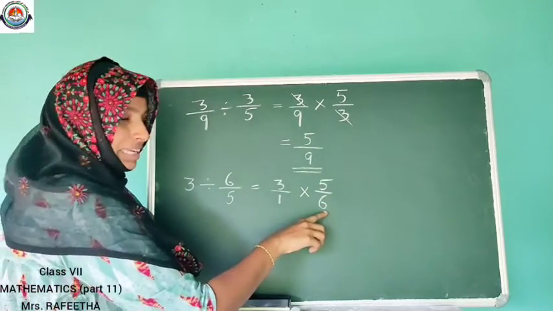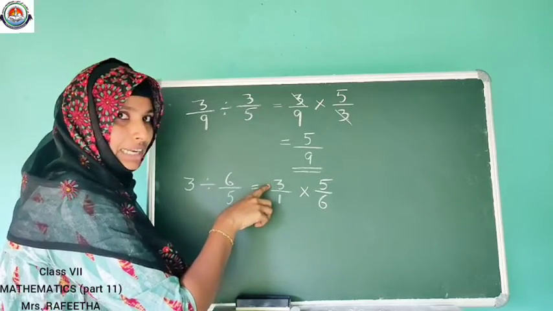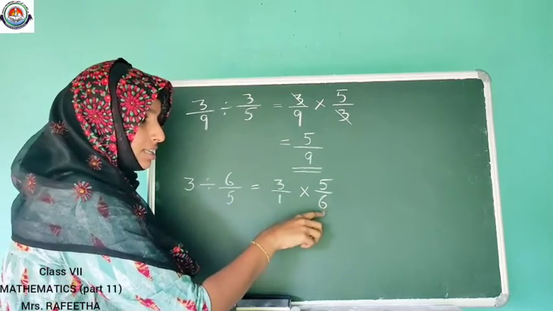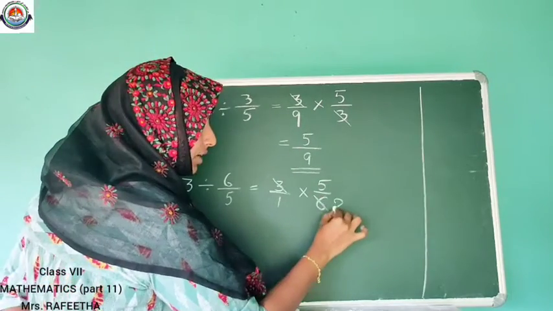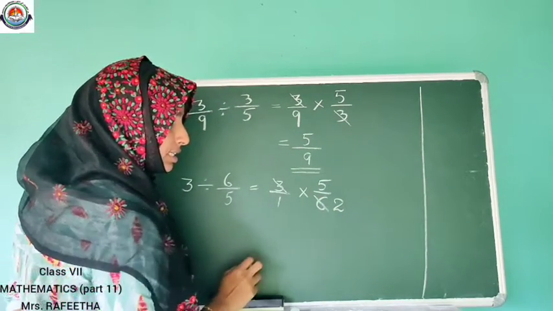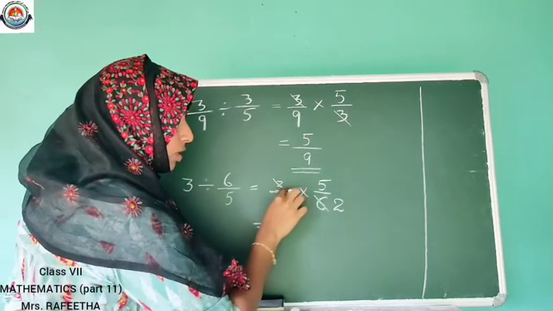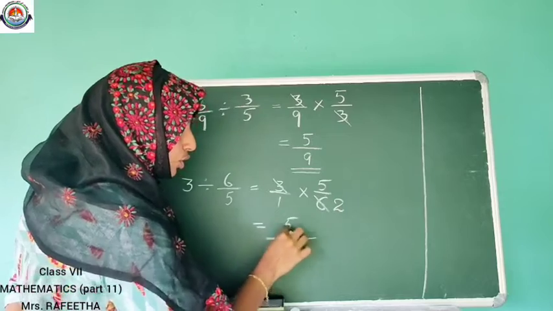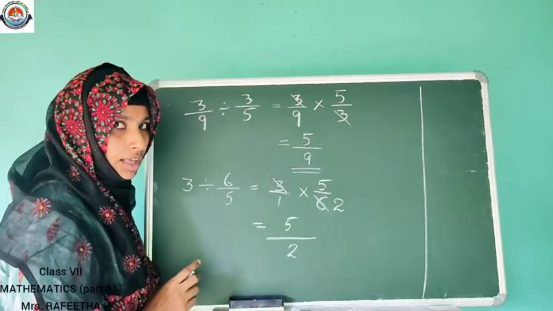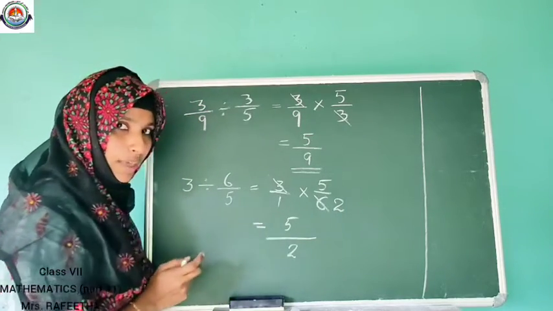Here the denominator contains 6 and the numerator contains 3, and 6 is a multiple of 3. So we can cut 3 and 6 and write 2, since 3 twos are 6. In the numerator 1 into 5 is 5, and in the denominator 1 into 2 is 2. So is 5 by 2 the answer?